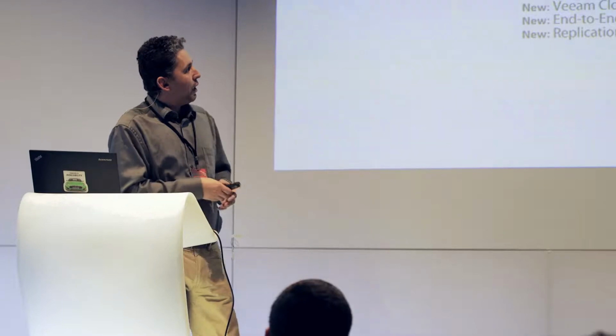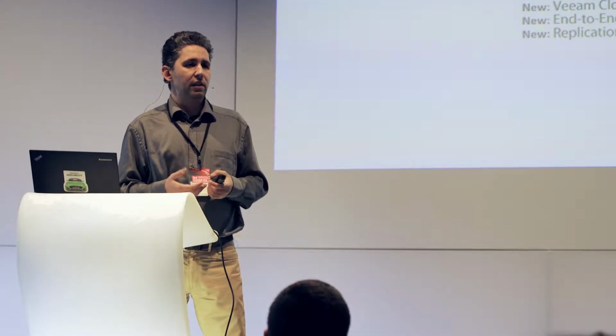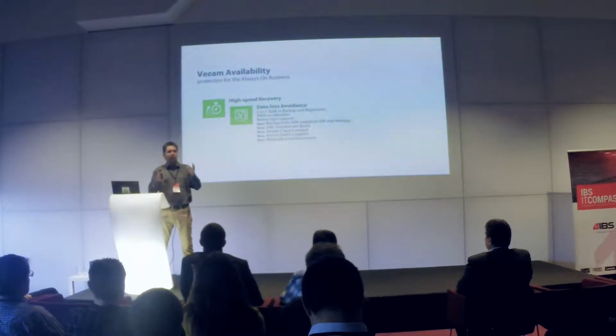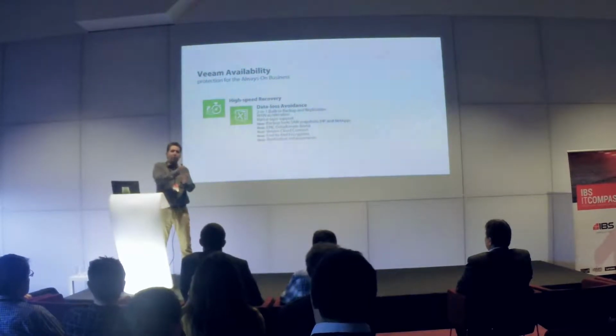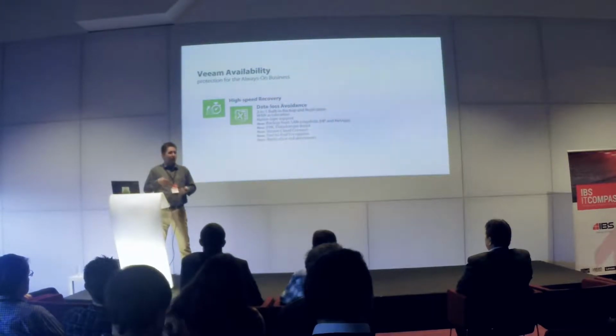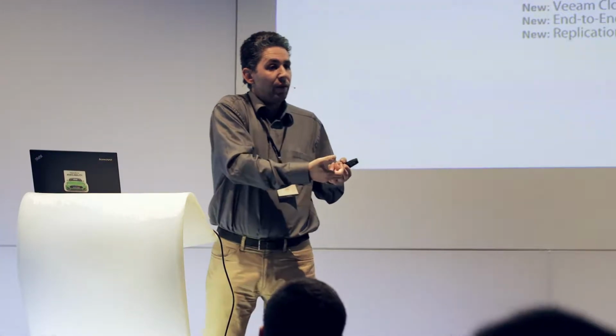So with data loss avoidance, we have support for backup appliances, like I said earlier, Exagrid. We have all the tools needed in order to make the copy very, very frequent. That means when you want to recover from the backup, you have a really recent copy of the data.